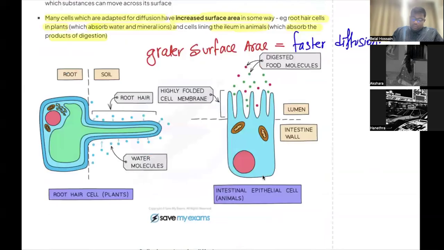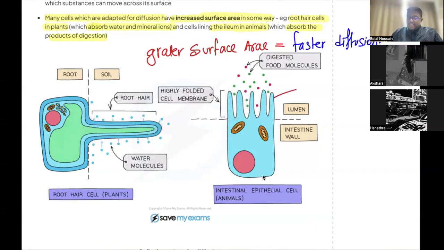Okay, so both the root hair cells and the intestinal epithelial cell, if you notice, have a protrusion that increases their surface area greatly. In the case of intestinal epithelial cells, you can see the cell membrane in the top region where the digested products are absorbed, there are huge foldings, and that folding gives it greater surface area.